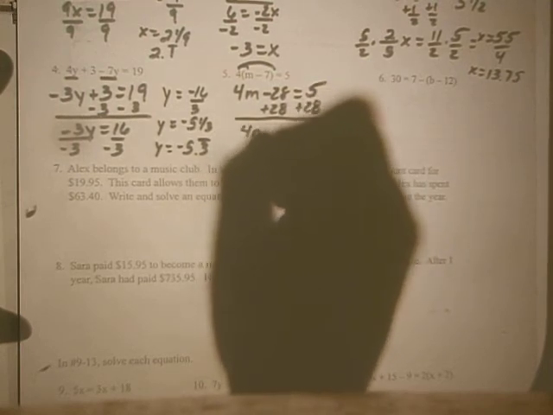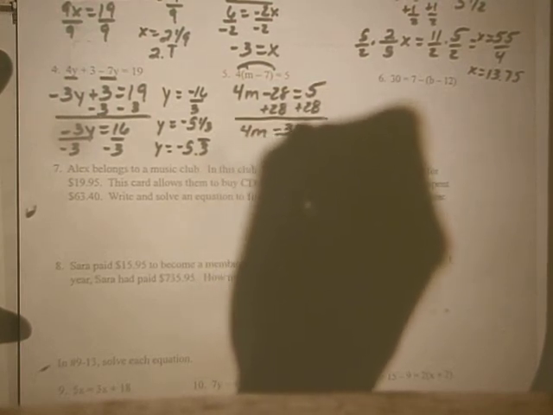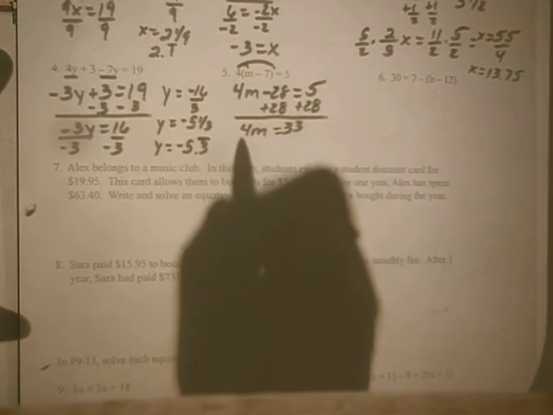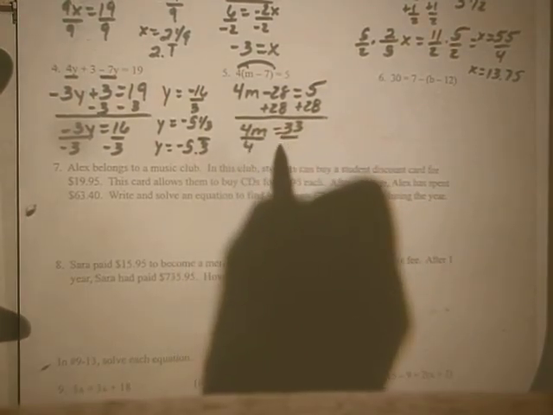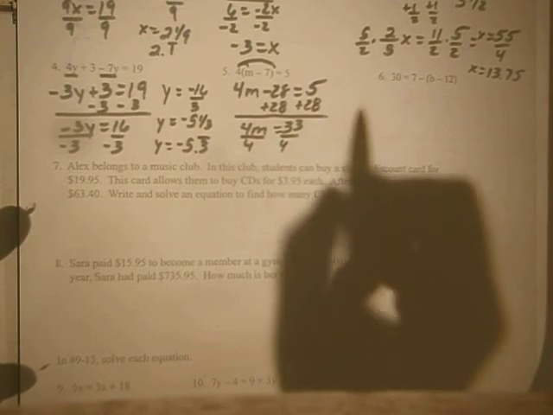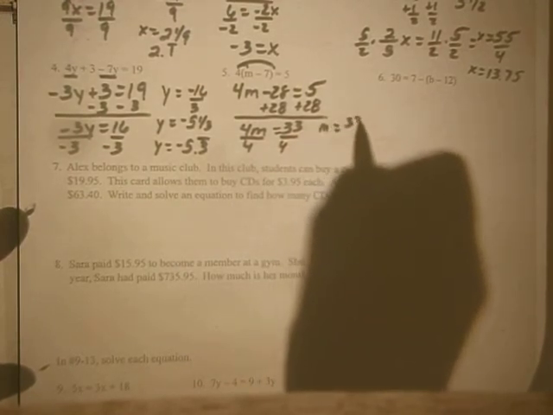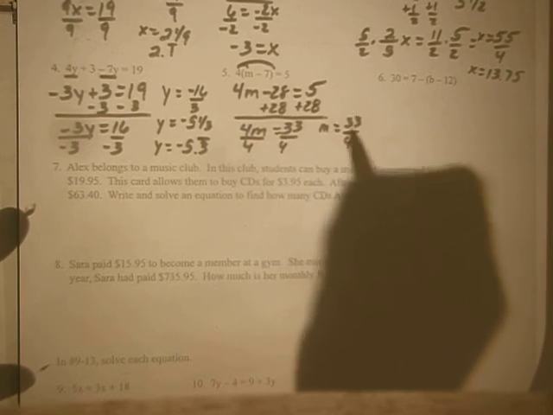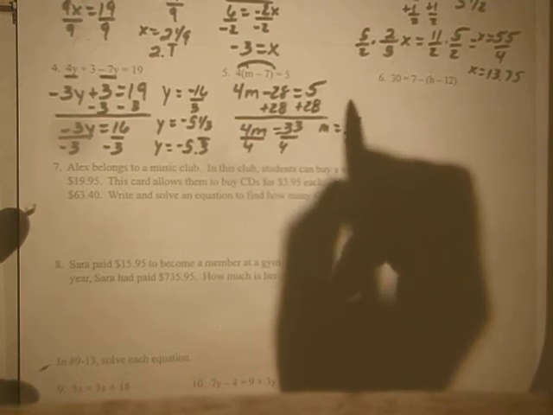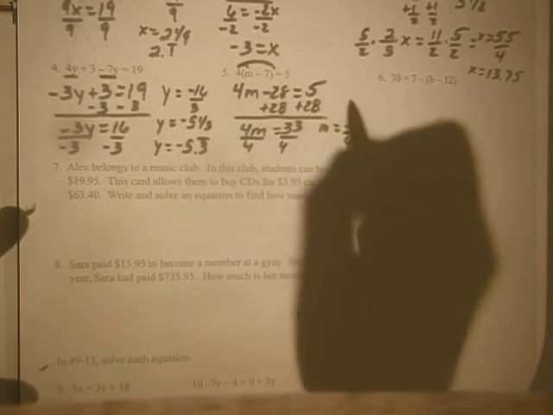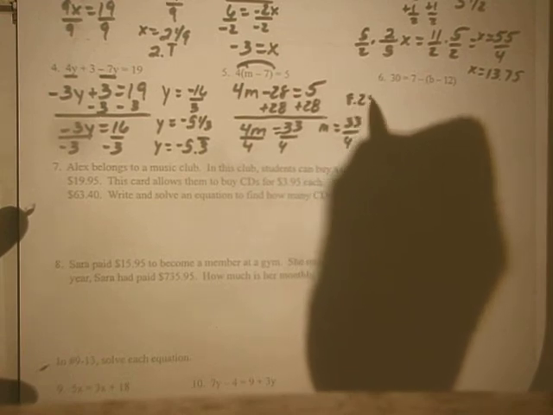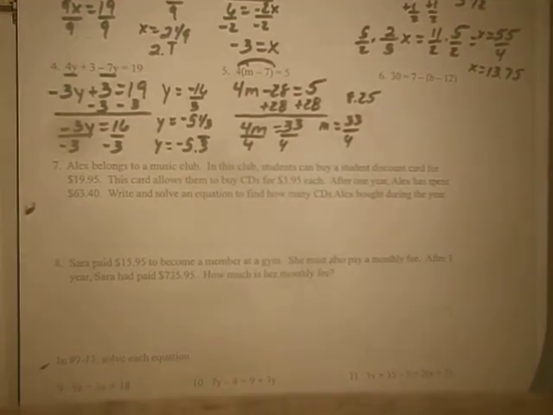And we are left with 4m equals 33. From there, you divide both sides by 4. Your final answer then is 33 over 4. You can write that as a fraction or a decimal, and that would be 8.25 or 8 1/4.